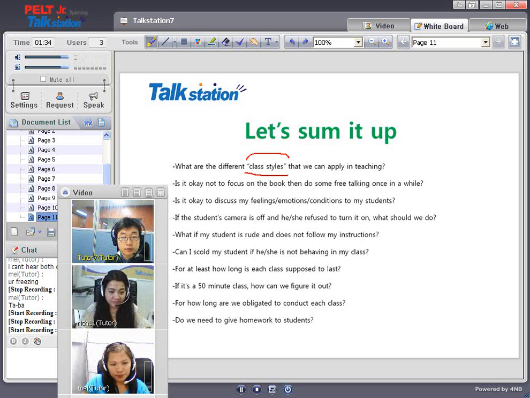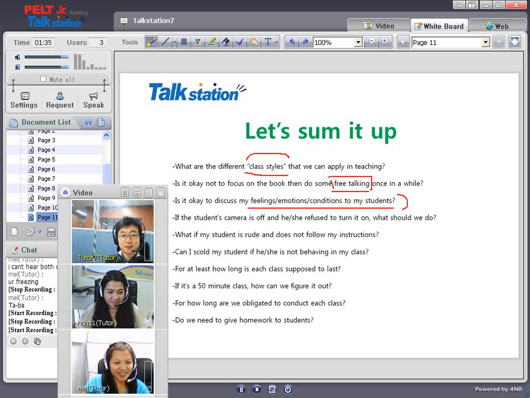And the second question is free talking. This is actually recommended. If the tutor is not doing this, it's a big no-no. They should implement free talking here and there during the course of each class, and share their personal emotions and feelings with students. How should we do this?